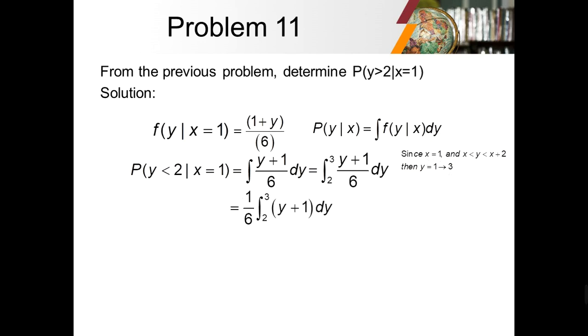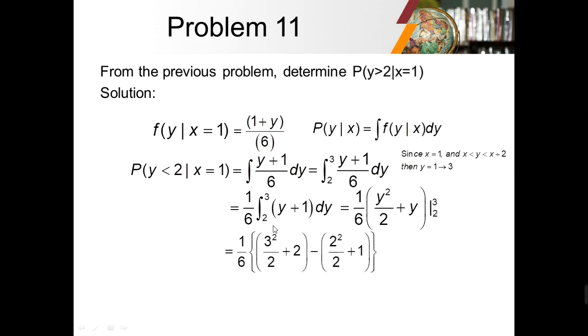Okay? So, here it is. We just took out 1 over 6. Then we integrate again: y squared over 2 plus y. Then, substitute the limits from 2 to 3. So, 3 squared over 2 plus y, it should be 3.